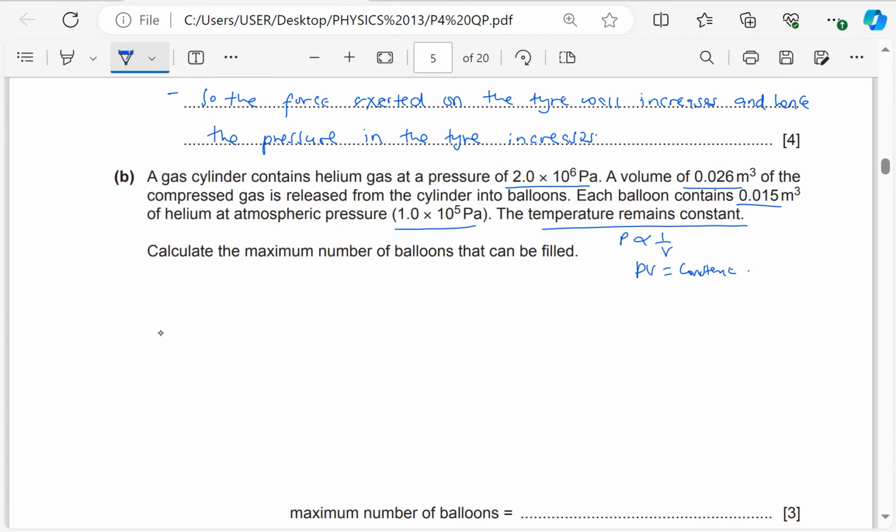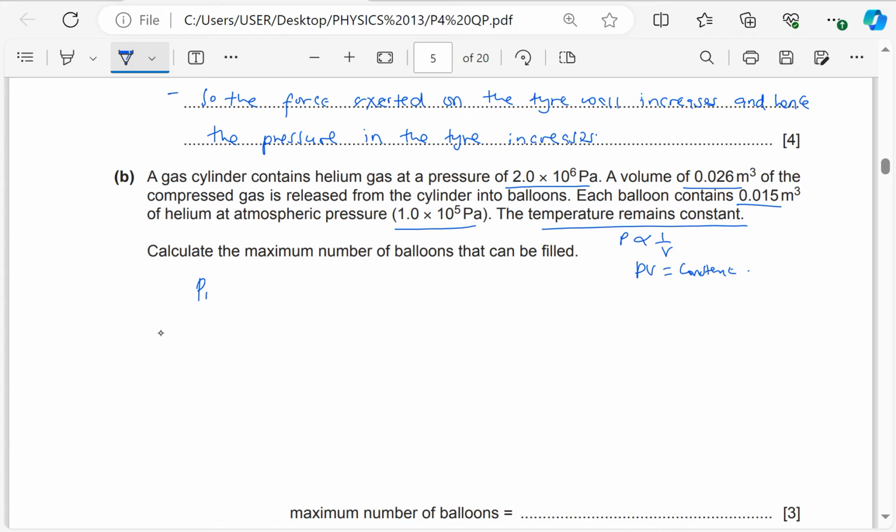So first of all, we need to find the volume, because each balloon contains 0.015 meters cubed, and 0.026 meters cubed of the compressed gas is released from the cylinder into balloons. So we need to find out which volume is released into the balloon.